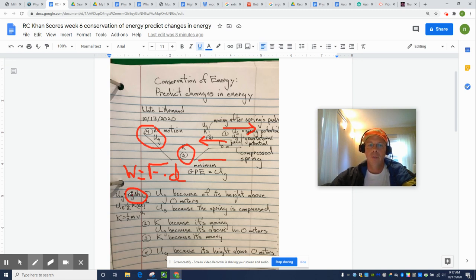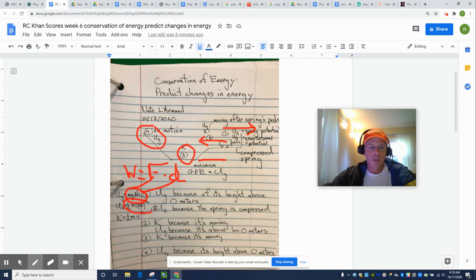You just take kilos, multiply by 9.8. So the weight is the force, and delta h is just the distance. So mg delta h really is force times distance. It's the work necessary to lift something in a gravitational field. And the position of the two pieces of mass stores the gravitational potential energy.